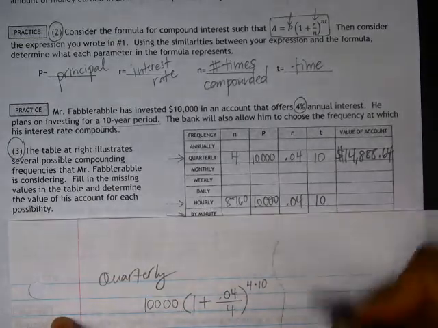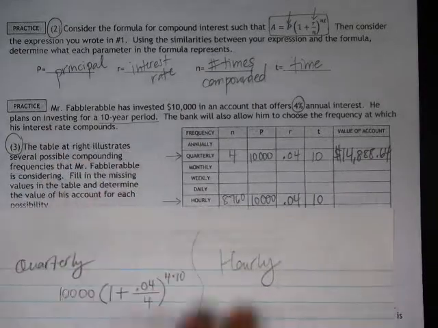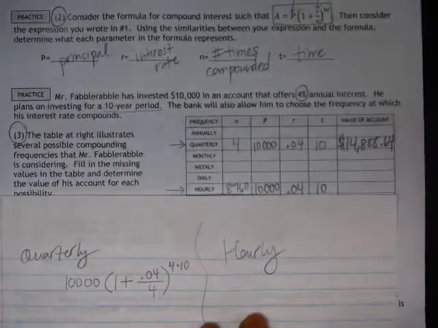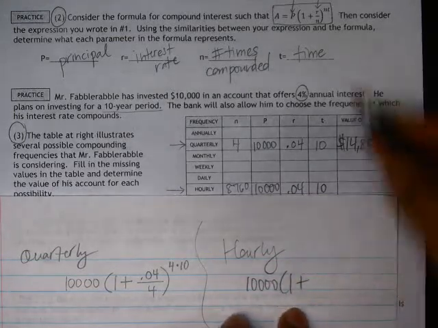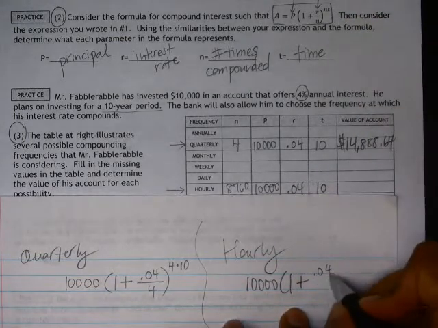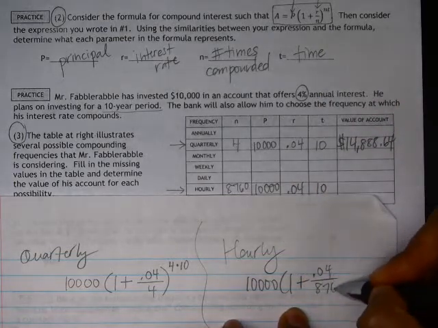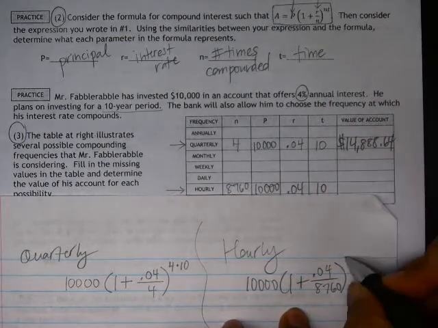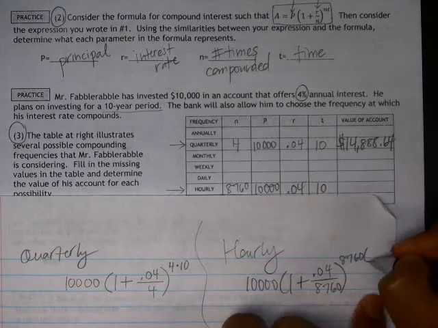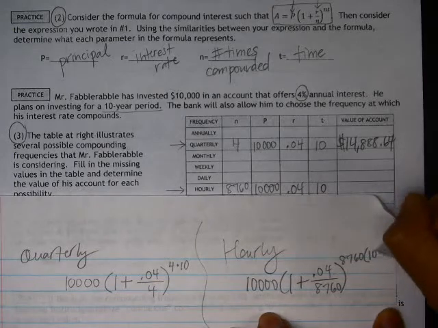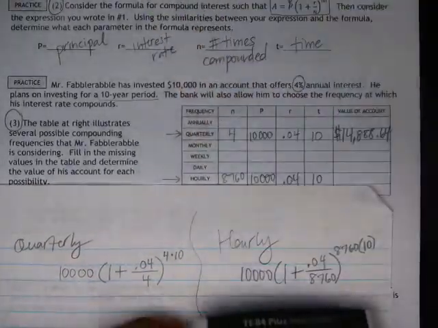So if we calculate the amount of money based on the hourly option, we're still using the same compound interest formula. So $10,000, 1 plus R is still 4%, but now N, we're dividing by 8,760 hours. And then up here, we're multiplying 8,760 hours times the 10 years. So again, in the calculator, I'm going to go ahead and type that in.